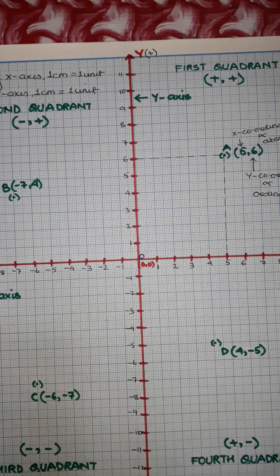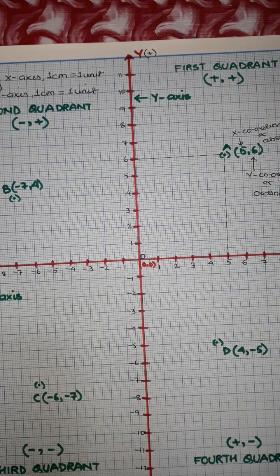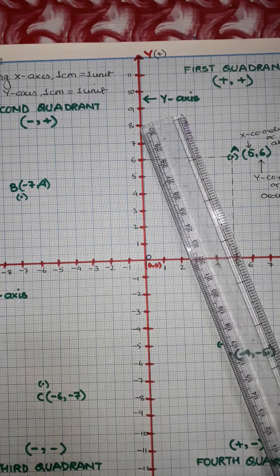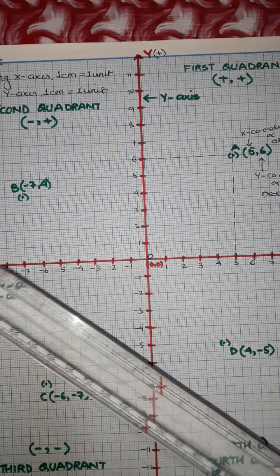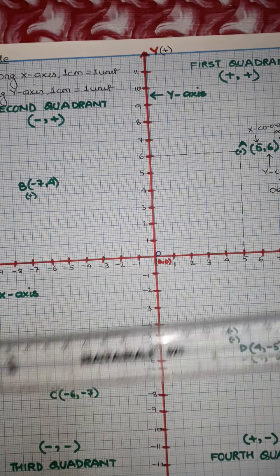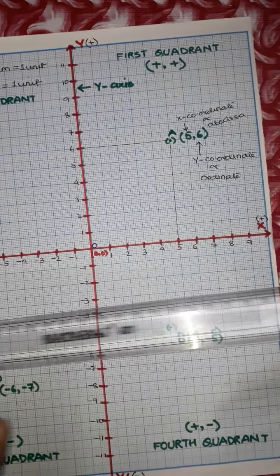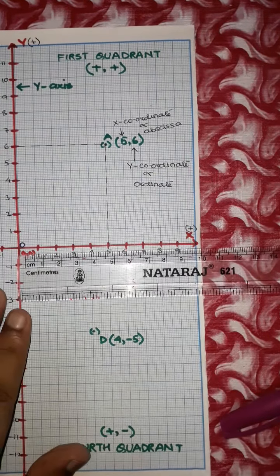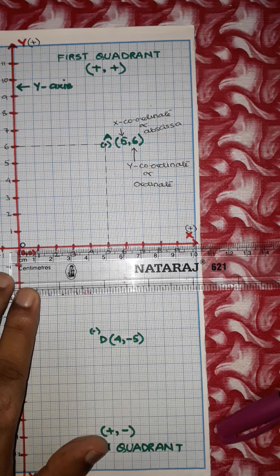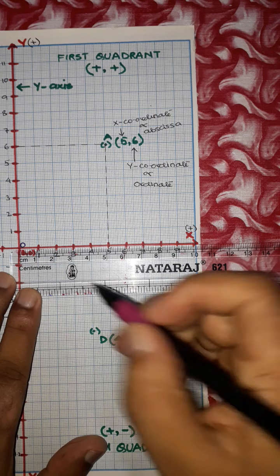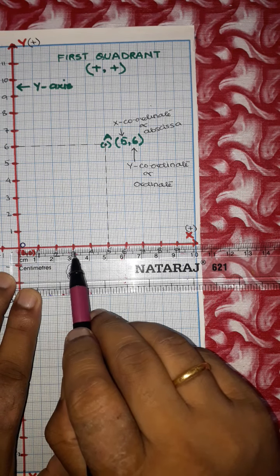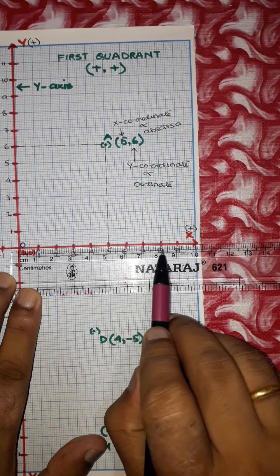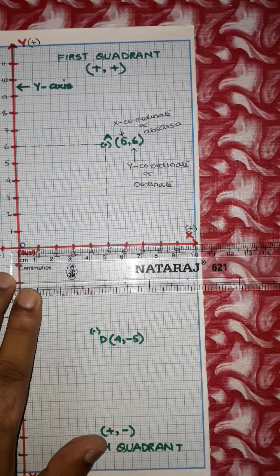Now whenever you are plotting a point in the quadrant or in the graph, you must scale first. Here scale means along the x-axis how much you are taking. Suppose from the origin, if you are measuring, this much is 1 centimeter, 2 centimeter, 3, 4, 5, 6, 7, 8, 9 centimeter.